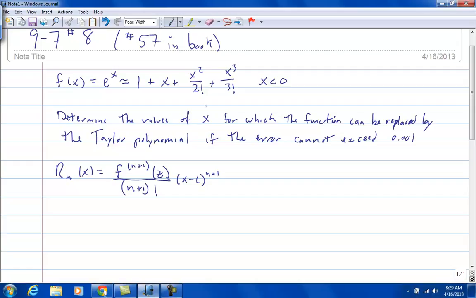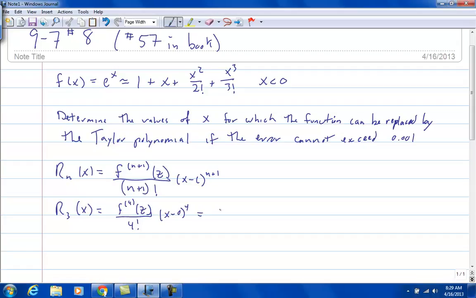So as I said before, we've gone to 3, so what we're looking for here is R3 of x. Now e to the x, its derivative is always e to the x, so the first, second, third, fourth derivative. In our case, it's the fourth derivative at z over 3 plus 1, which is 4 factorial, times x minus 0 to the fourth, since this is centered around 0.